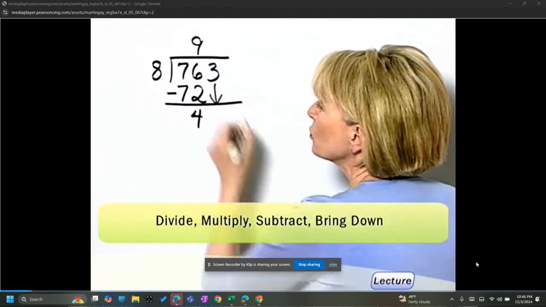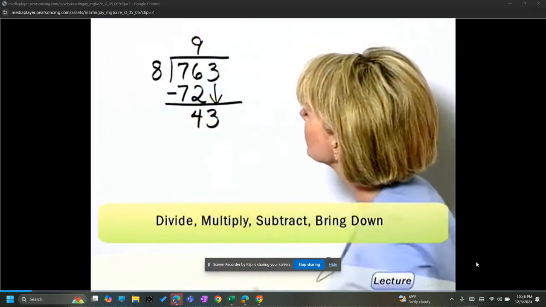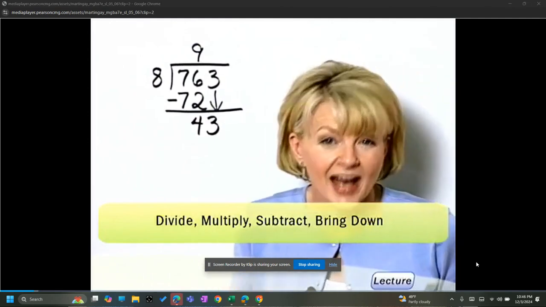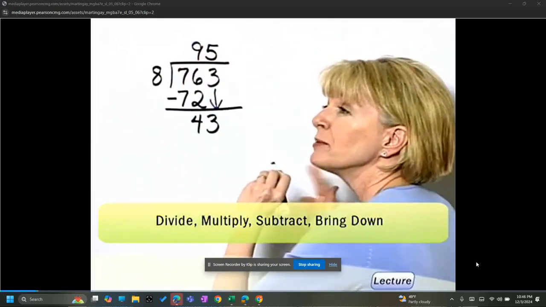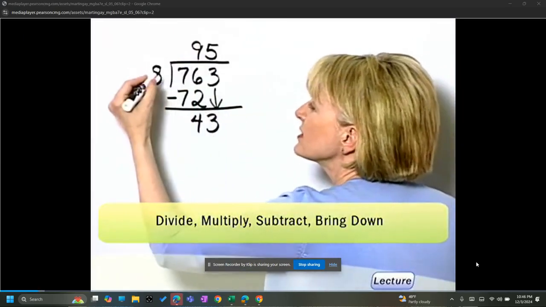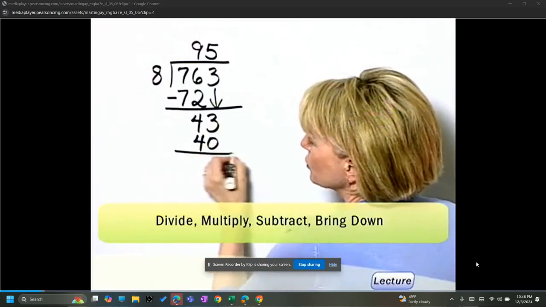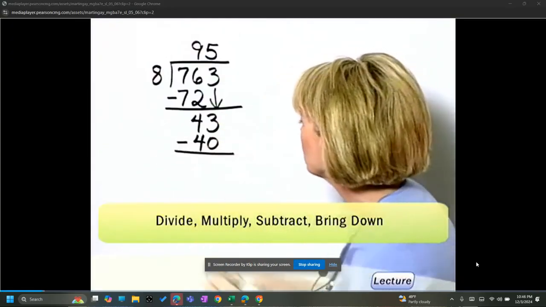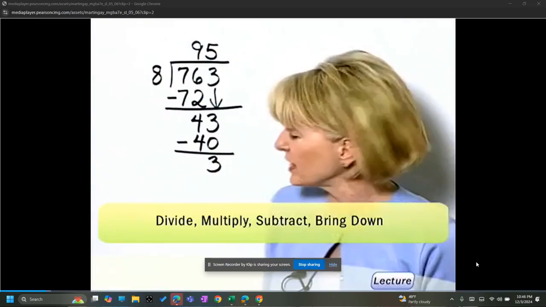Then remember, we bring down the next digit, in this case a 3, and then we start the process again. 8 divides into 43 how many times? That is 5. Then we multiply. 5 times 8 is 40. I'll draw my line, but don't forget we are subtracting. 43 minus 40 leaves us a remainder of 3.